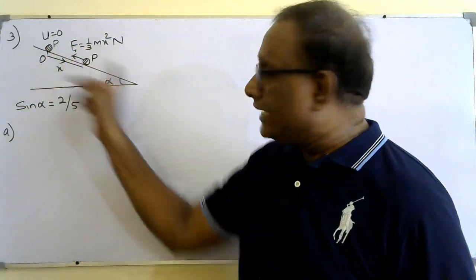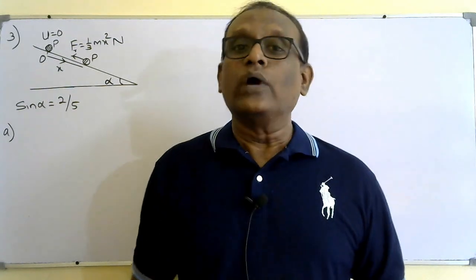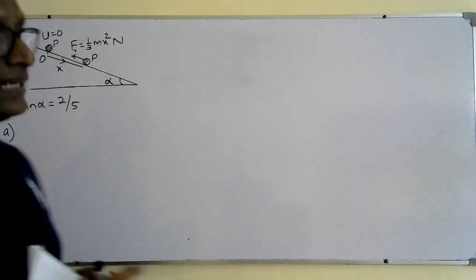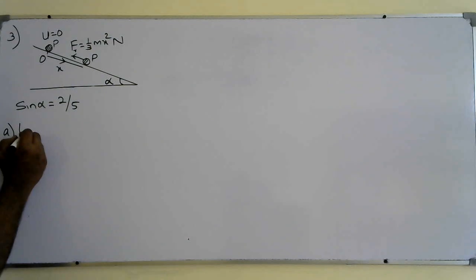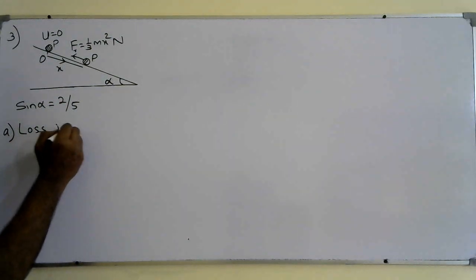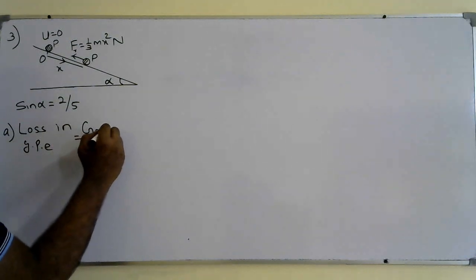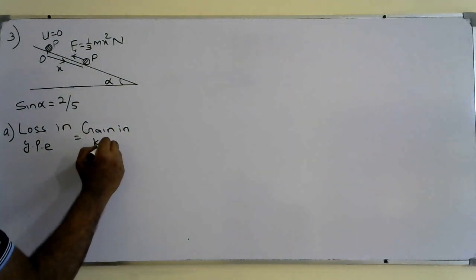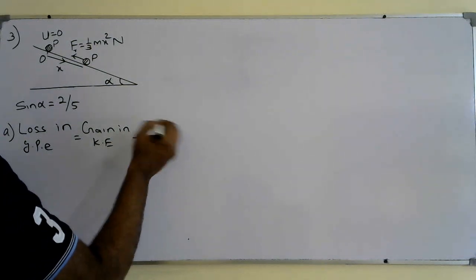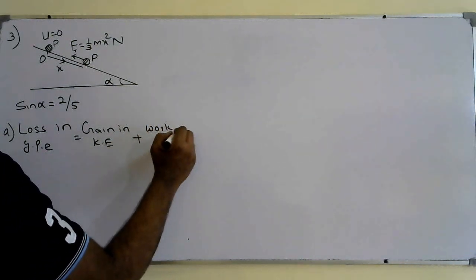What are they? Gain in kinetic energy and work done against friction, or work done against the opposing force. So loss in gravitational potential energy equals gain in kinetic energy plus work against the opposing force.